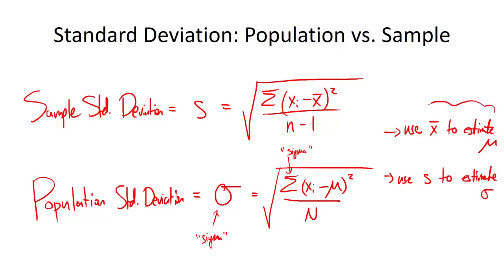So thinking in terms of the big picture of statistics, you always have the difference between population parameters versus sample statistics. Up here, everything's sample standard deviation, sample mean, sample size. This is population standard deviation, population mean, population size, which is usually denoted with a big N.